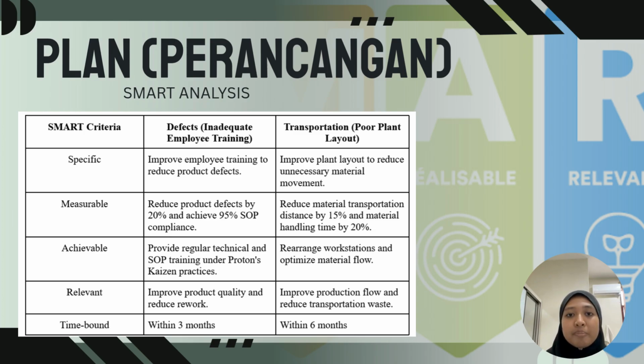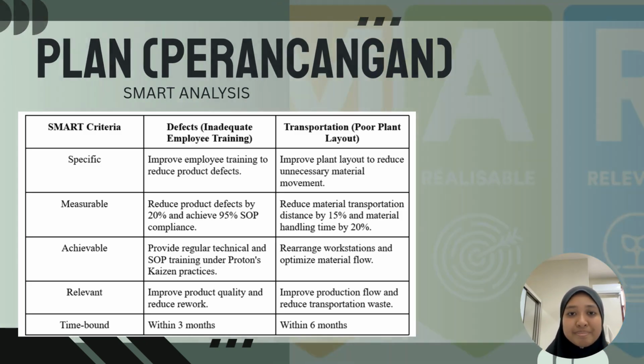For transportation, the objective is to improve the plant layout and reduce unnecessary material movement. The target is to reduce transportation distance by 50% and material handling time by 20% by rearranging workstations and optimizing material flow. These improvements are expected to enhance production flow and reduce transportation waste within 6 months. Overall, these SMART targets provide clear, measurable, and achievable goals that support Proton's continuous improvement and operational excellence.